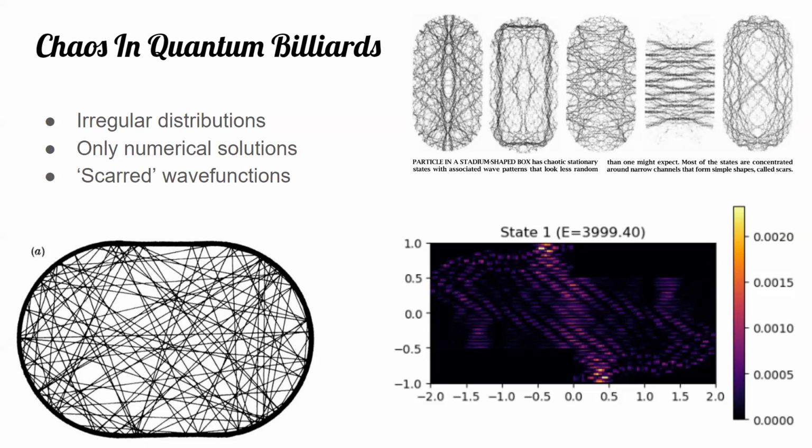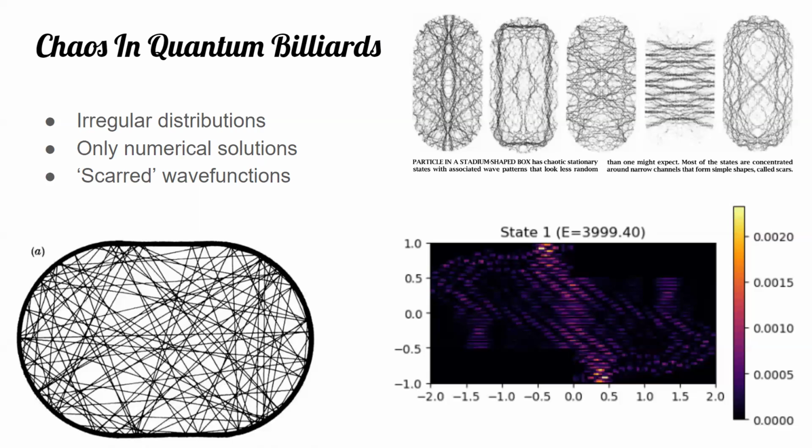One of the first ones is that you have these irregular distributions of your probability distribution, and it's not analytically solvable. So, in other words, if I wanted to know what the probability distribution for my particle would be at this energy state that I've coded up, I would have to run it in a coding software like Python.